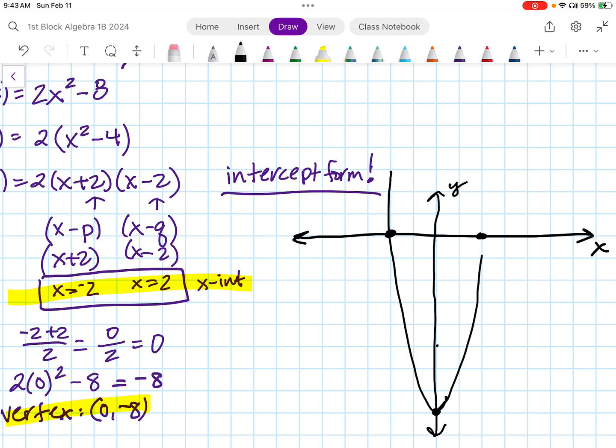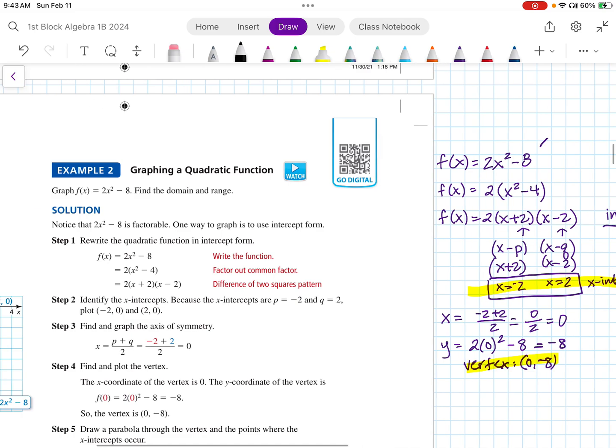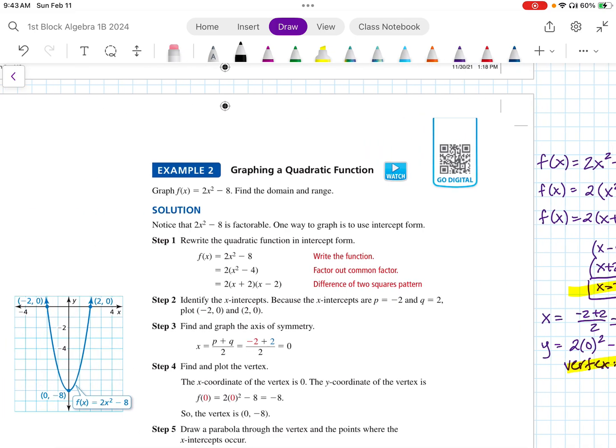It's always hard for me to change directions. And there is our graph of f of x equals 2x squared minus 8. We can compare it to what the book did. Looks pretty similar.